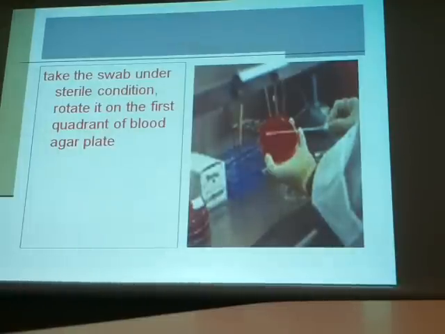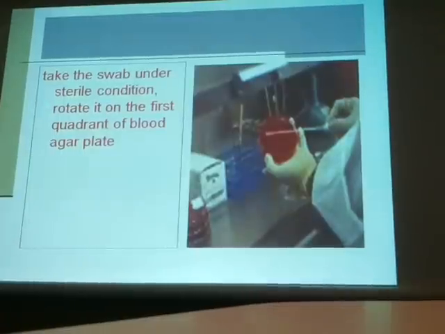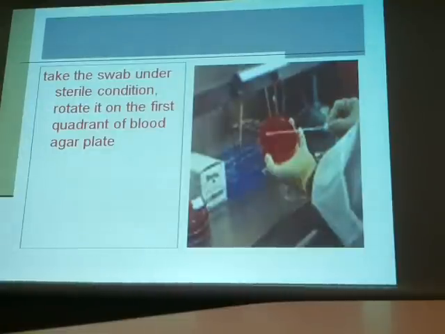We have two types of streptolysin: streptolysin S and streptolysin O. Streptolysin S is oxygen stable, whereas streptolysin O is oxygen labile, meaning it needs a low concentration of oxygen to take its action.